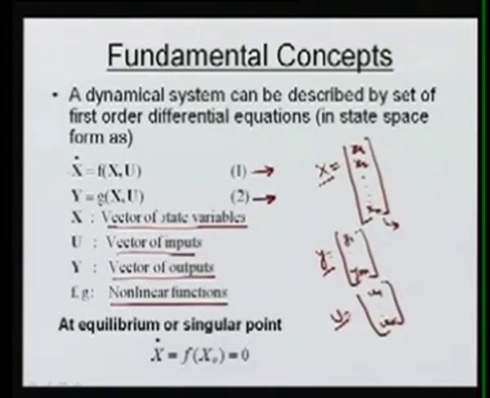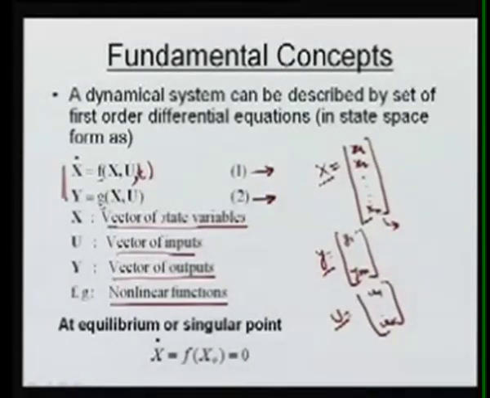Now from these two equations, although f and g are nonlinear equations, if we consider time t also in x dot, meaning f is a function of x, u and time, then this is the normal description of a dynamical system.